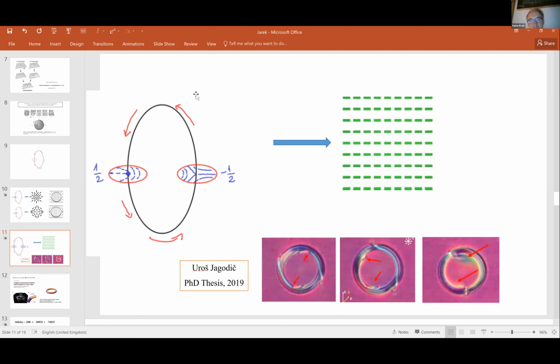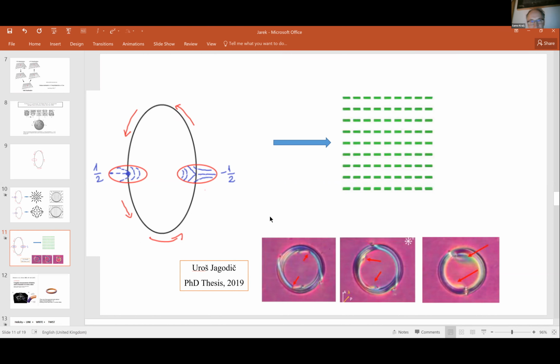If you look from the distance, the far field is uniform. So if you have such a distortion, such dislocations, it is chargeless. It doesn't have three-dimensional charge. And because it doesn't have three-dimensional charge, it could not be stable. If you would form it, it would then disappear.